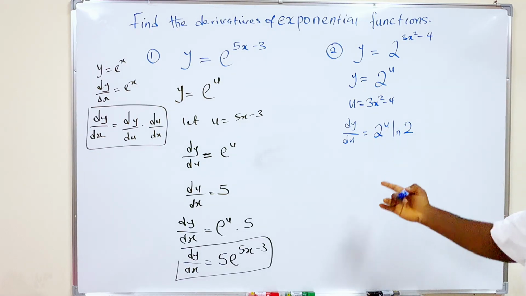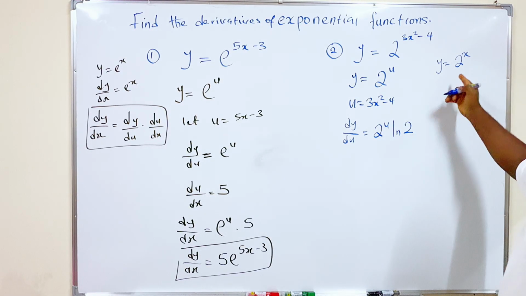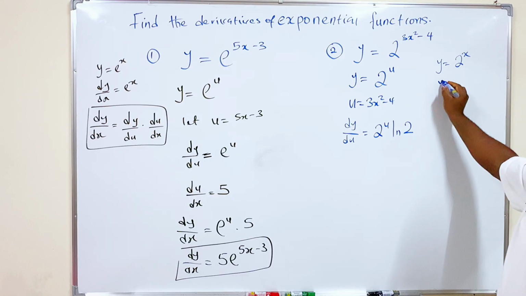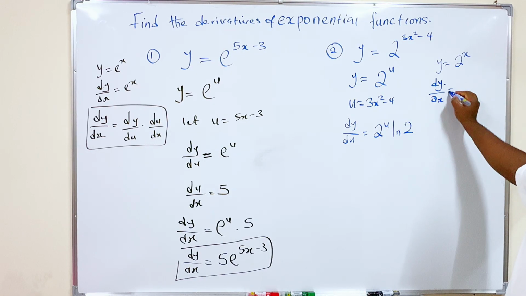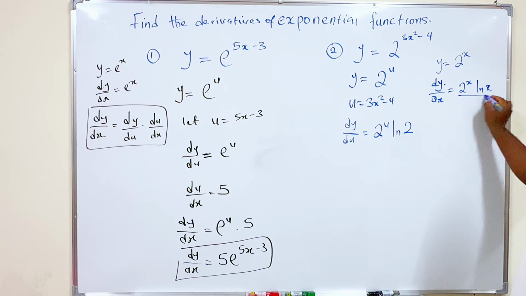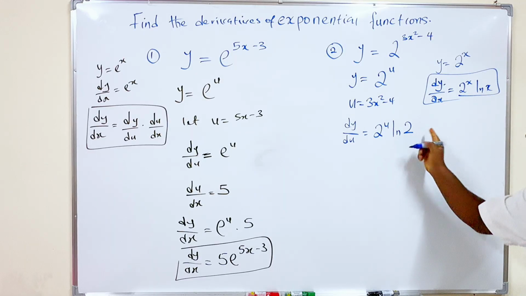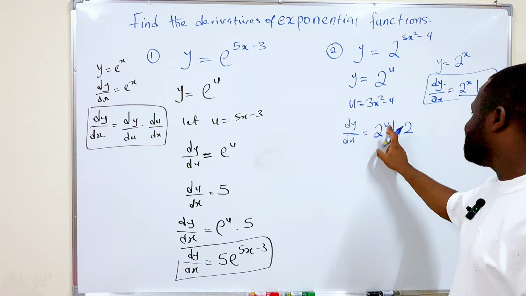Okay? Because if you remember, if you have y equals 2 power x, then dy/dx equals 2 power x ln 2. So the same thing, you also apply it here. Okay? So that is how to differentiate it. Please, this is u, not 4.